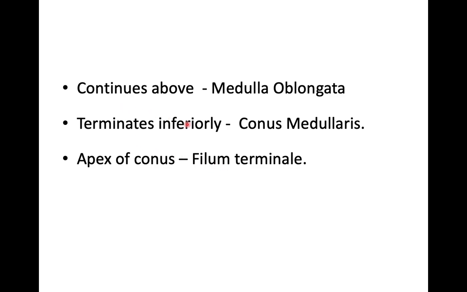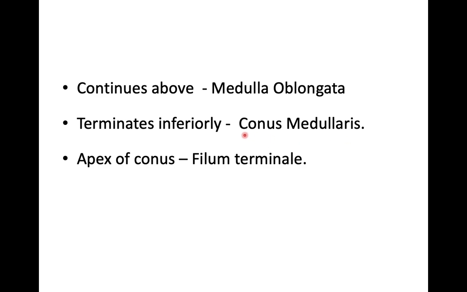It is continuous above with the medulla oblongata, or you can say the spinal cord is the continuation below of the medulla oblongata. It terminates inferiorly in a particular shape called the conus medullaris. We will come to that later.